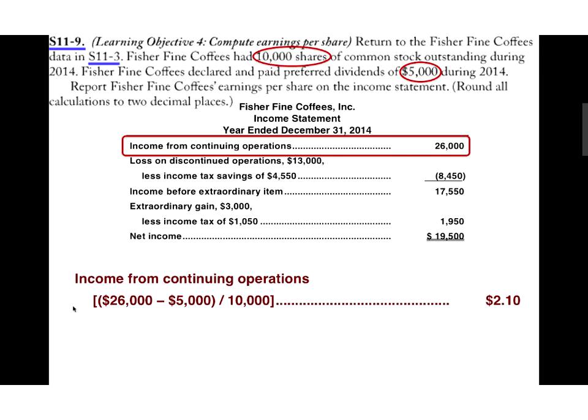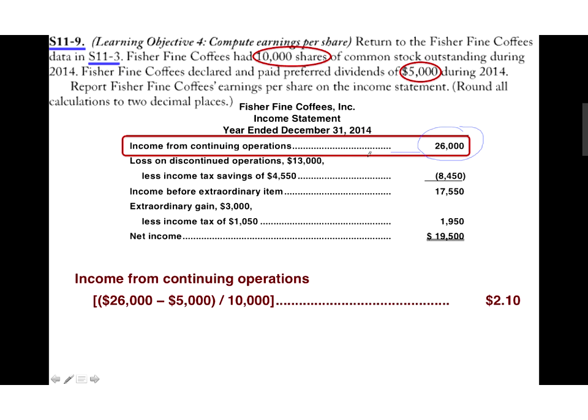Okay, so here's our bottom part of that income statement. Now we're going to do earnings per share. So earnings per share, we're going to start with income from continuing operations. And what we're doing here is we're taking the income that's listed right here on the income statement.